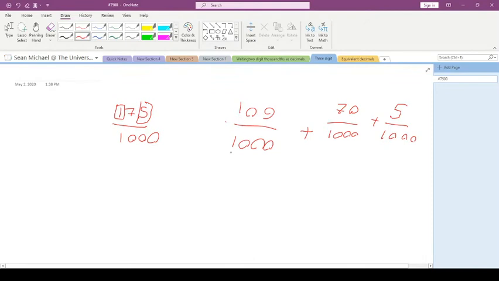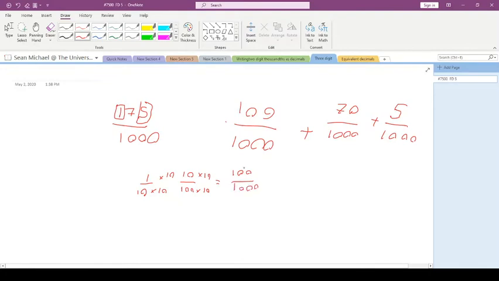So 100 thousandths, we can kind of work backwards, right? 100 thousandths is 1/10 of 1,000, and we can prove this by going times 10, and that'll give us our hundredths, and this would be 10 hundredths, and you times this by 10 again, and you're going to get 100 thousandths.